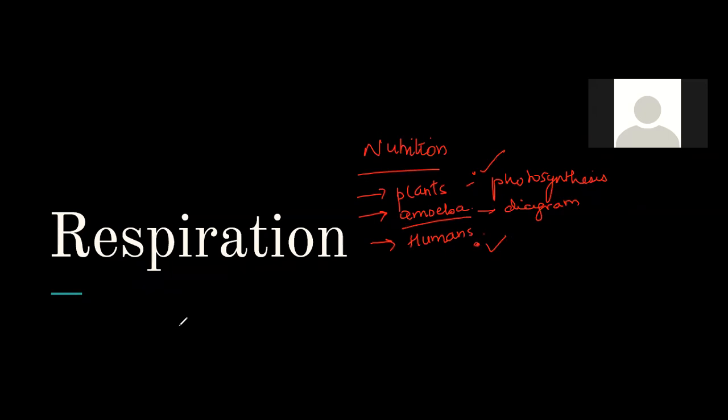Now we'll come to respiration. Respiration we will first see in human beings in detail, because there are 2 subcategories, namely breathing and cellular respiration, which you need to know. Once we finish it in humans, we will see aquatic organisms, like fishes which have gills.